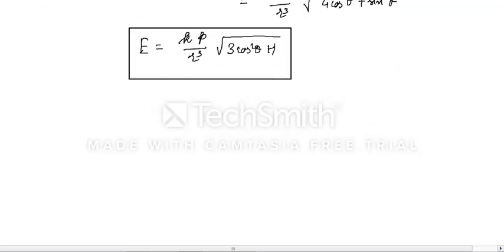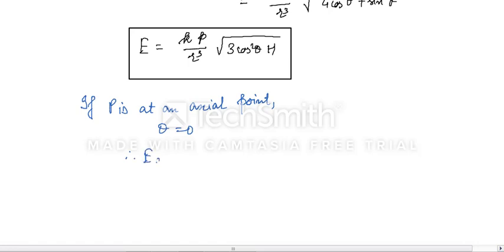Now, if P is at an axial point, then theta will be equal to 0.